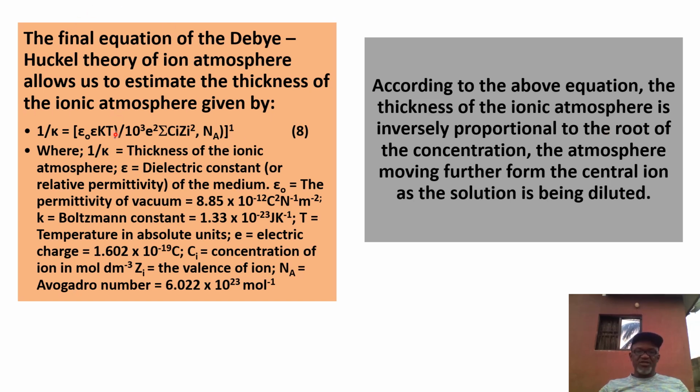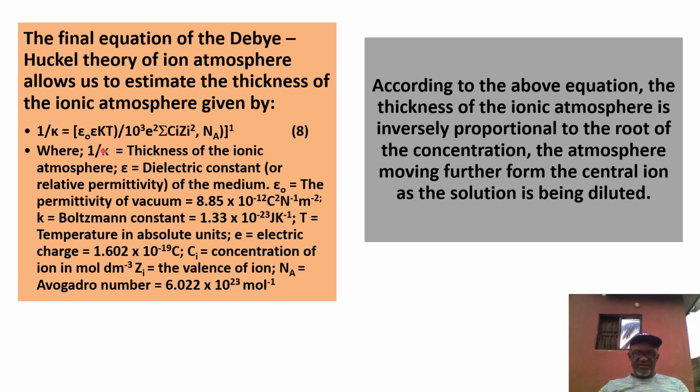Therefore, the final equation of the Debye-Huckel theory allows us to estimate the thickness of the ion atmosphere, which is given by equation 8. All this here is to explain the components of this equation. 1 over K is the thickness of the ion atmosphere. That's what we're looking for.